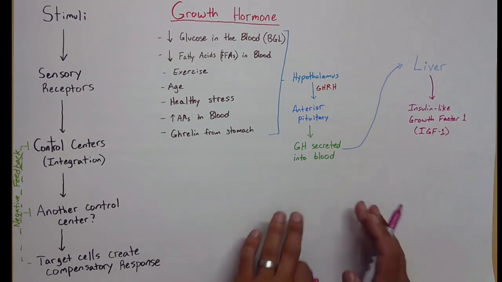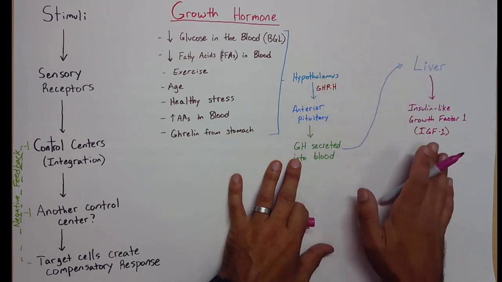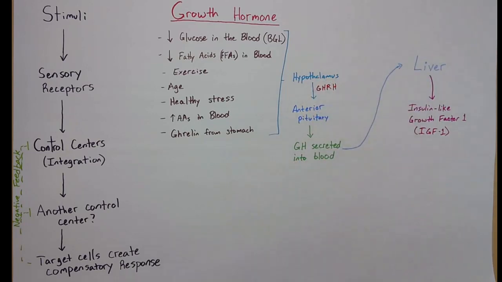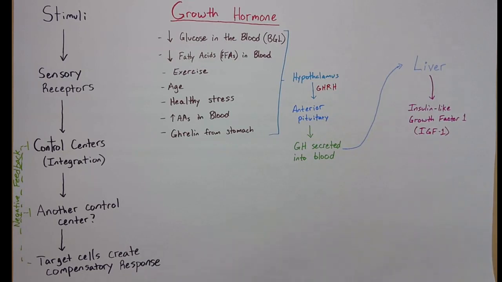So first things first, when growth hormone gets secreted into the blood, it's going to go to the liver, and the liver in response is going to secrete IGF-1. Now, IGF-1 has many, many different functions in the human body.